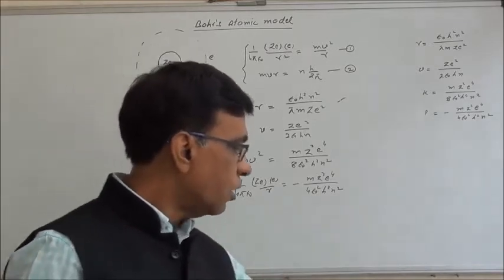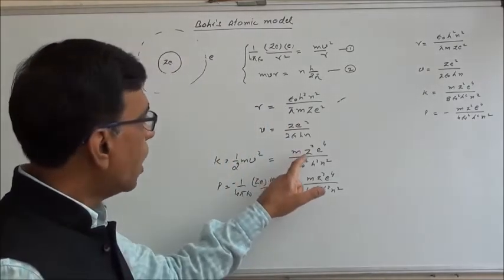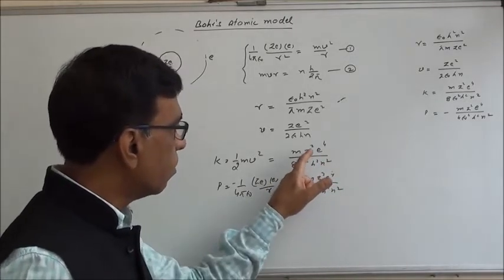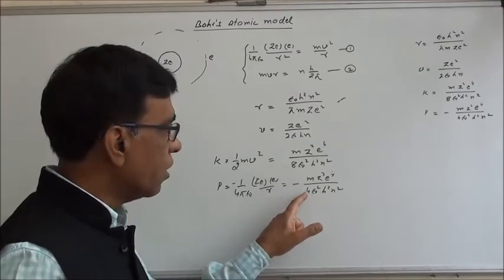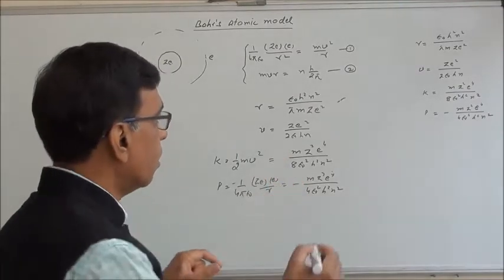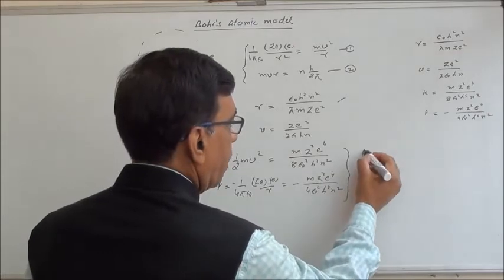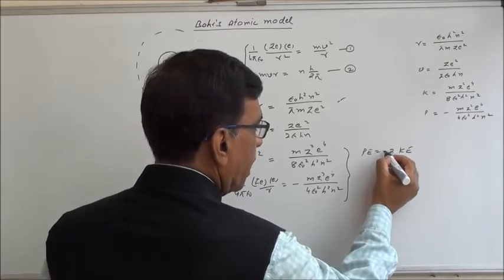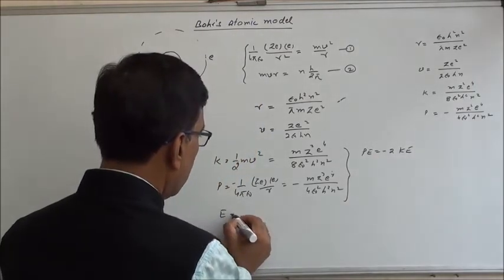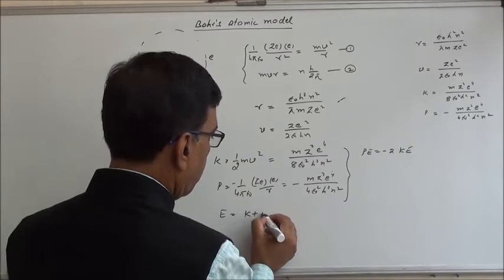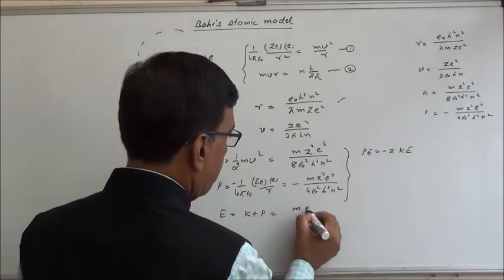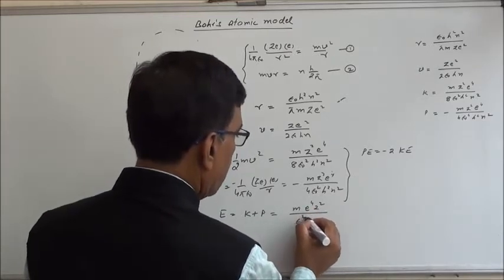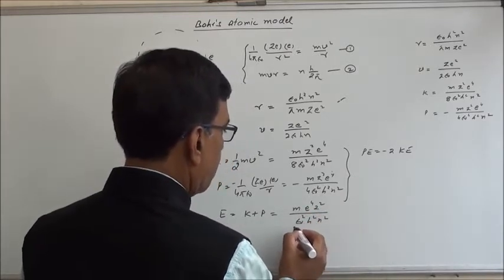We can see the relation between the two. Pi Z square E4 epsilon naught square H square N square, this is same. The only difference is here it is 8, here it is 4. So potential energy is double. So actually I can write potential energy is twice of kinetic energy, but with a minus sign. If I find the total energy, sum of these two, kinetic plus potential, it comes out to be m E4 Z square epsilon naught square H square N square, these all remain same.